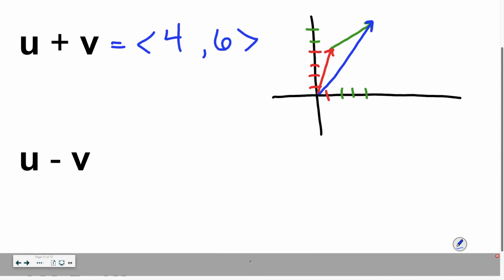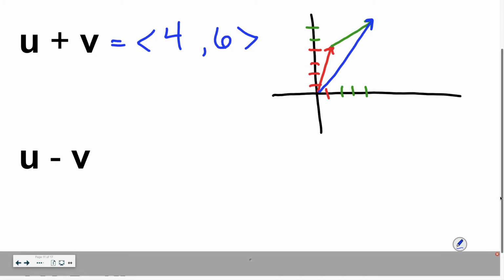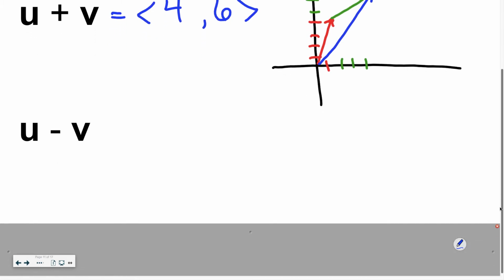Let's talk about u minus v. Well, if we actually subtract the vectors, what are we going to be left with? We have 1 minus 3 and 4 minus 2.